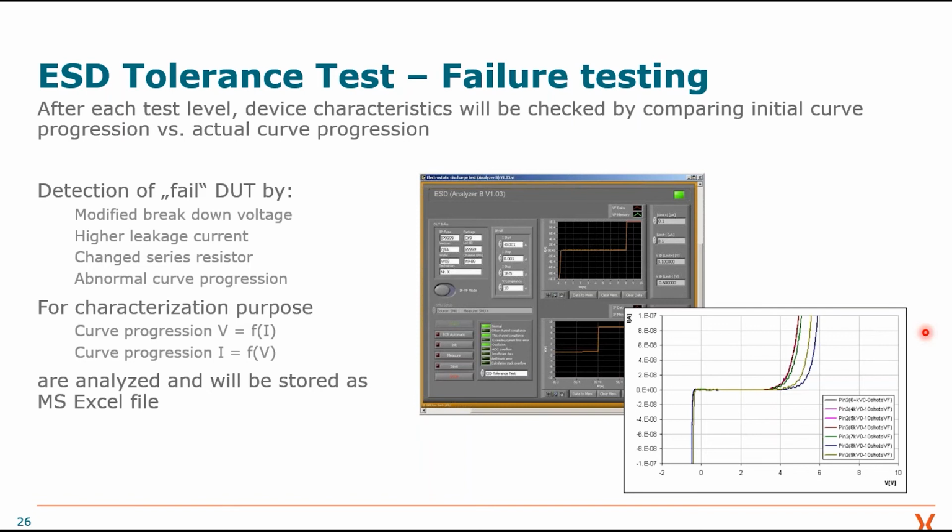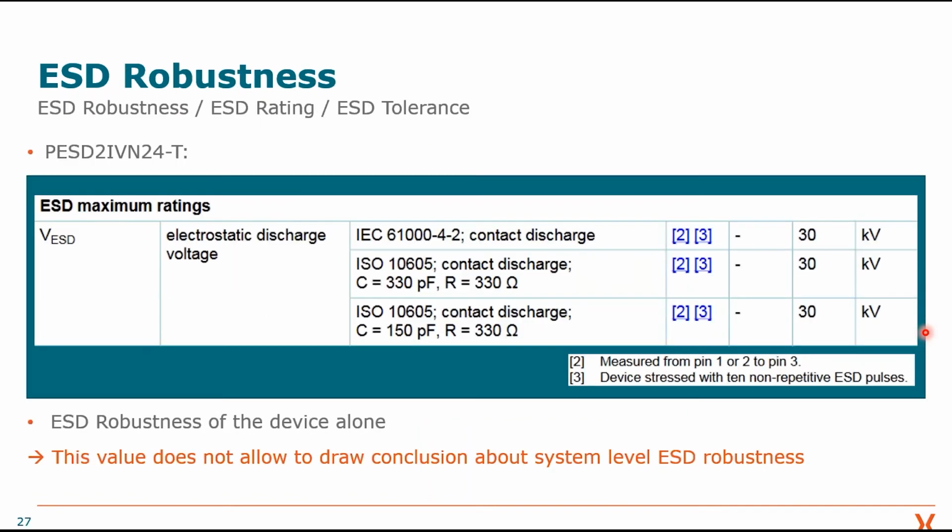And with this IV curve, we have a clear indication until which level the ESD device withstands. So looking at a data sheet here for a CAN protection device, we see the different norms, and we see that this device shows a maximum ESD rating of 30 kV. So this tells us the ESD protection device itself withstands 30 kV, which is very sufficient.